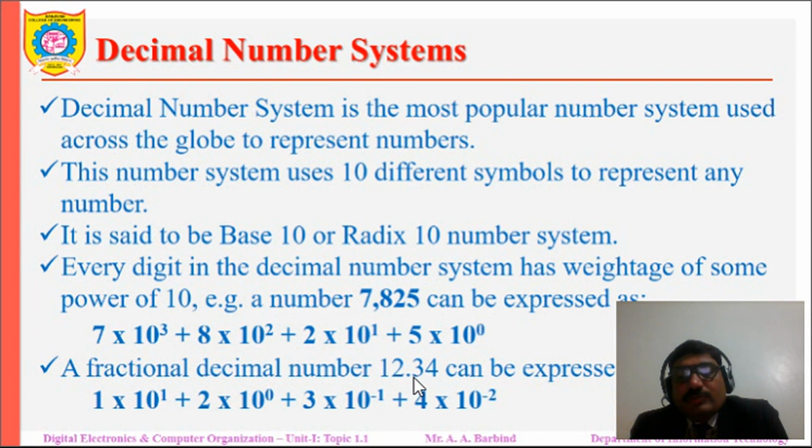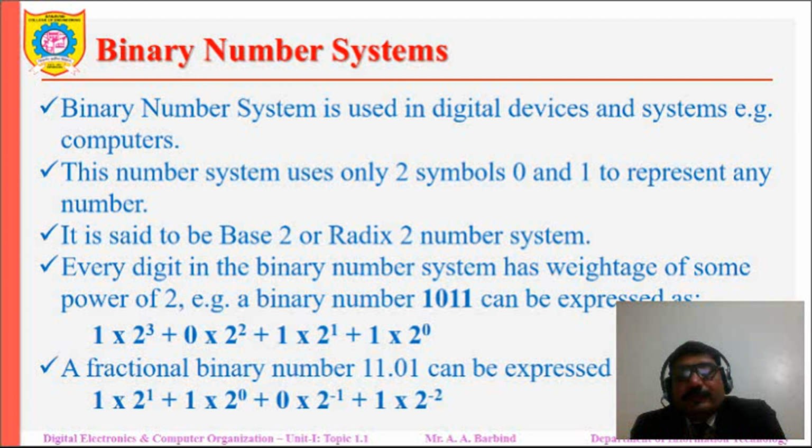So 3, which comes after the decimal point, has the weightage of 10 to the power minus 1, whereas the digit 4 has the weightage of 10 to the power minus 2. So like this, every digit in the decimal number system has a weightage which is some power of 10. This is the characteristic of the decimal number system that is most extensively used in our day-to-day life.